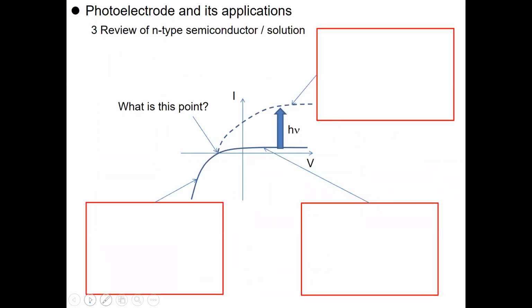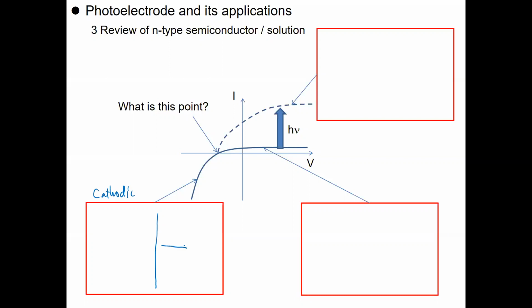Okay, then let's review the N-type semiconductor case, and then please stop the video and draw what will happen for each applied potential case. So let's draw again here. Now, when a cathodic potential is applied, so that's negative, right?